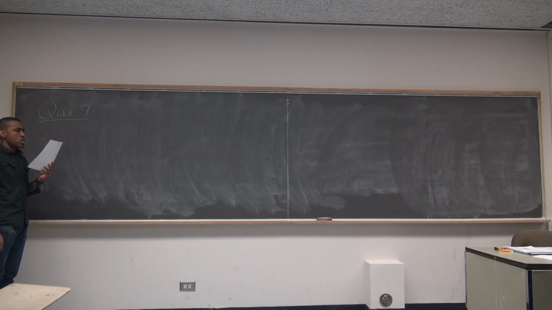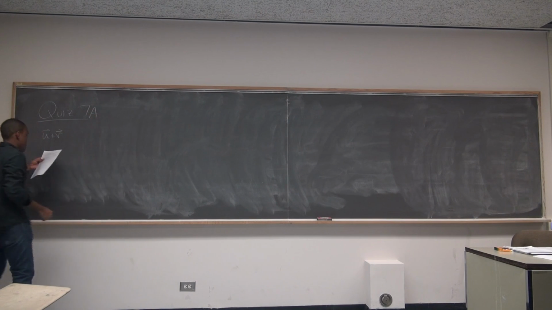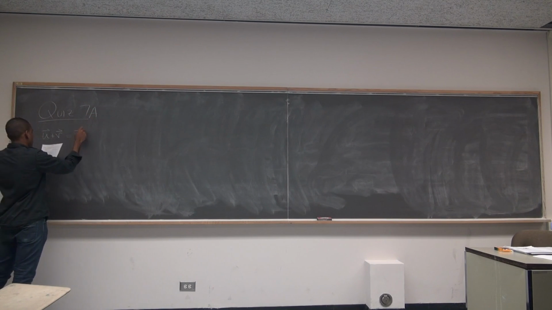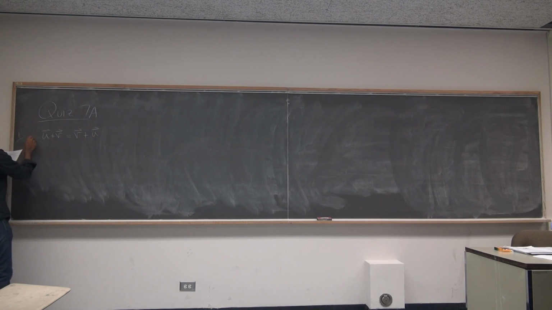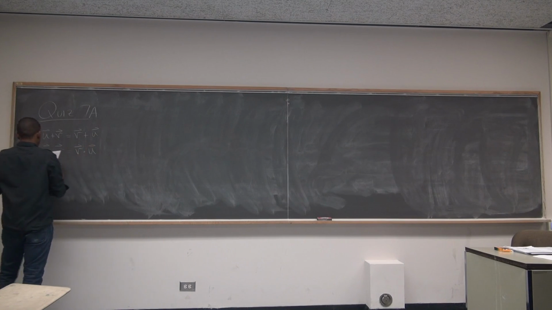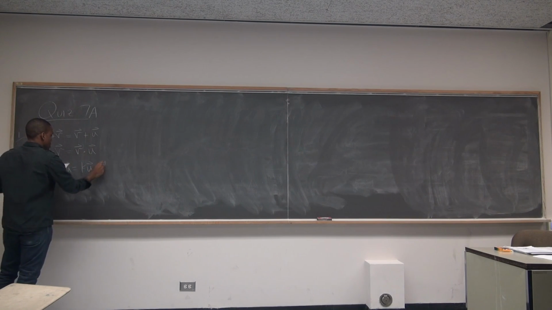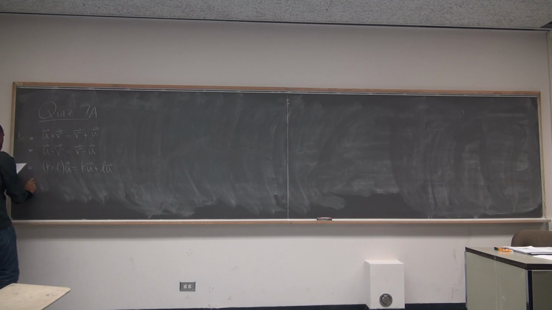Which of the properties were not a property of a vector space? So that was U. I'm doing version A here. Version B is similar. I gave you this property, and this property.